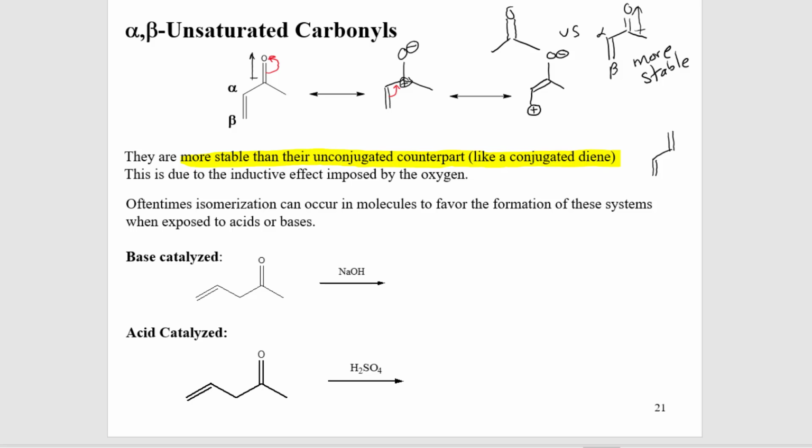So ultimately, the carbonyl carbon and the beta carbon are the 2 areas of electrophilicity, partially positive for nucleophilic attack.